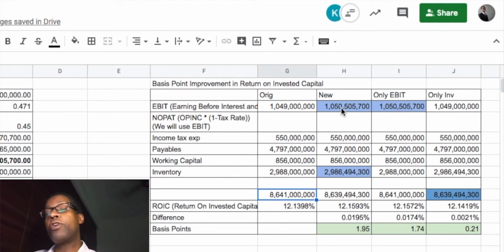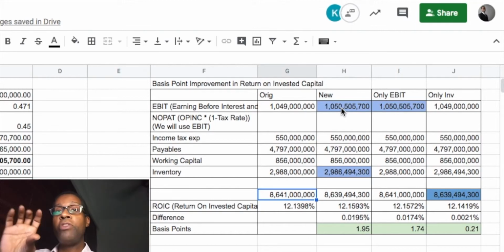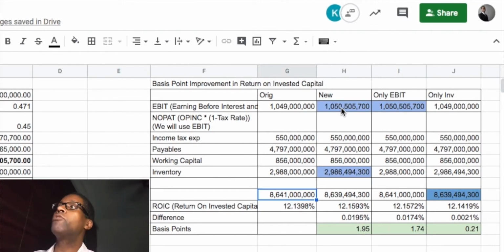And I'm going to decrease the denominator, which means I'm going to get a bigger lift. So let's see what happens. If both EBIT and my overall capital infusion were improved, then I'm going to get a 1.95 basis point improvement in return on invested capital.